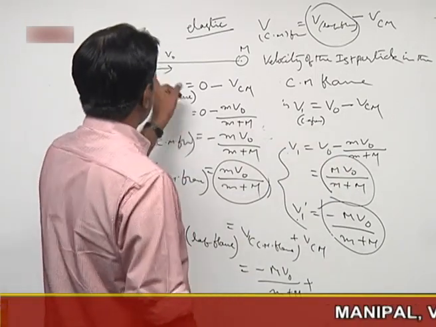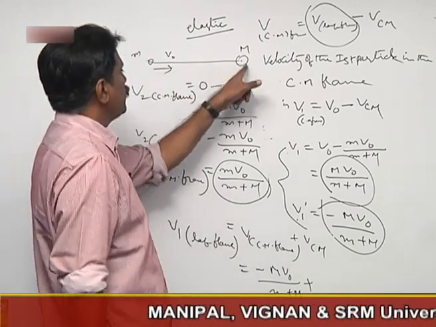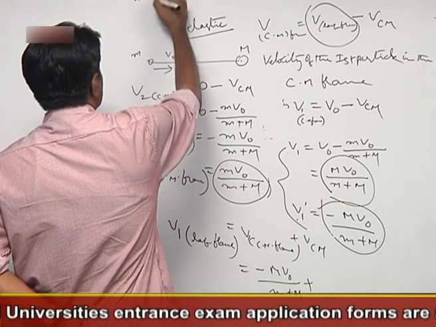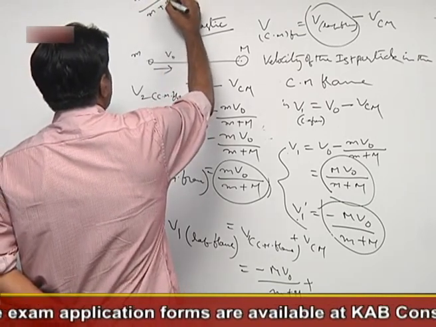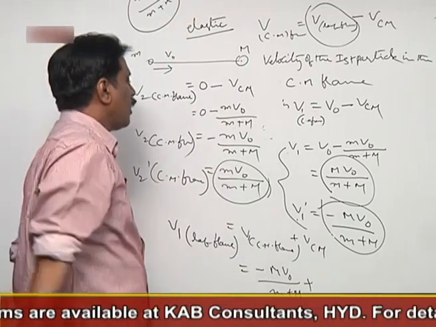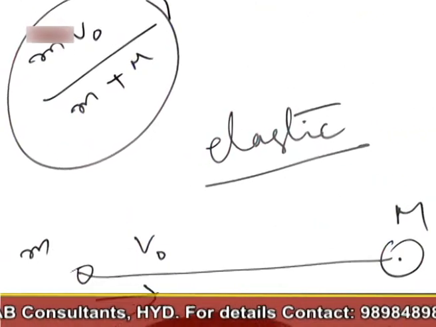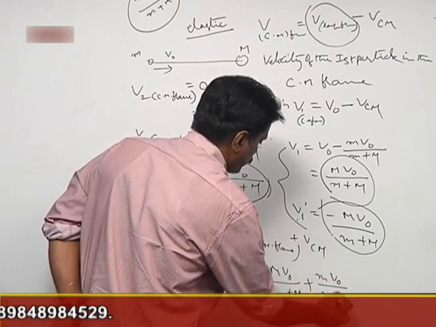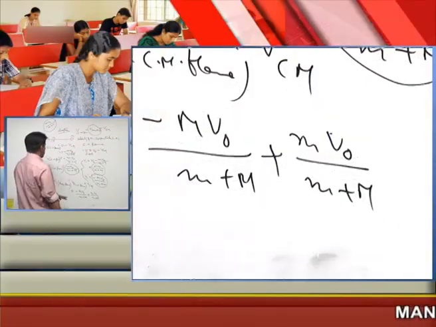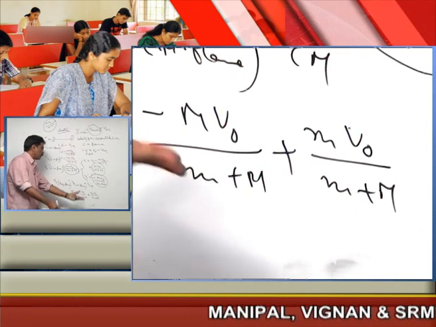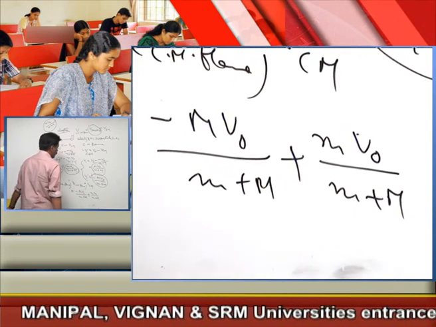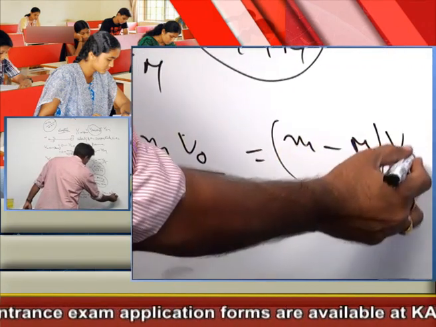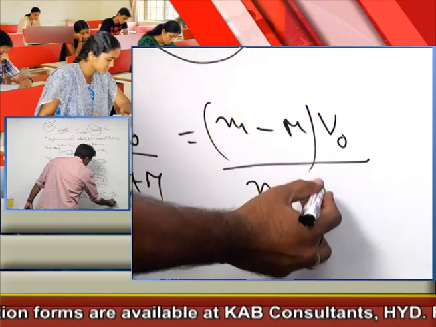Velocity of center of mass means m1 v1 plus m1 u1 plus m2 u2 by m1 plus m2, which gives you mv naught by m plus m. So, this is the velocity of center of mass which you have to substitute here, mv naught by m plus m. So, this is the velocity of the first particle after collision in the normal frame, which is equal to m minus m into v naught by m plus m.